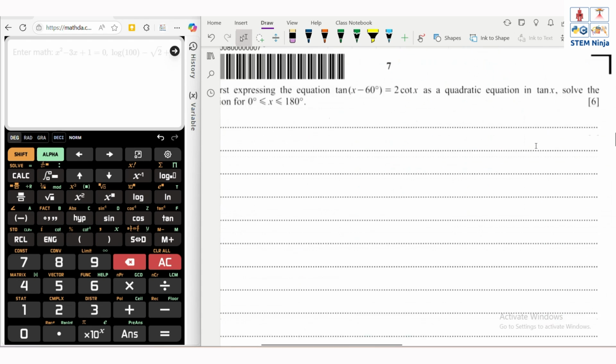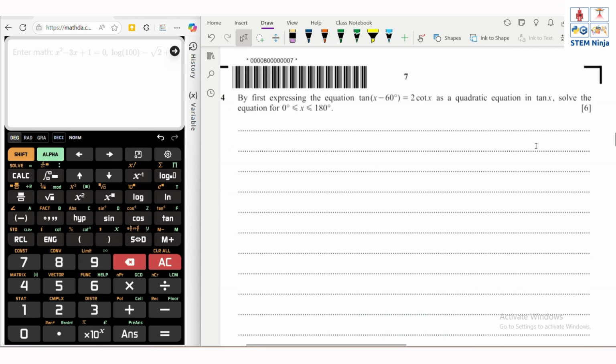All right, so moving on to the next question. By first expressing the equation tan of (x minus 60) equals 2 cot x as a quadratic equation in tan x, solve the equation for 0 less than x less than 180. So we have to use the angle addition formula over here.